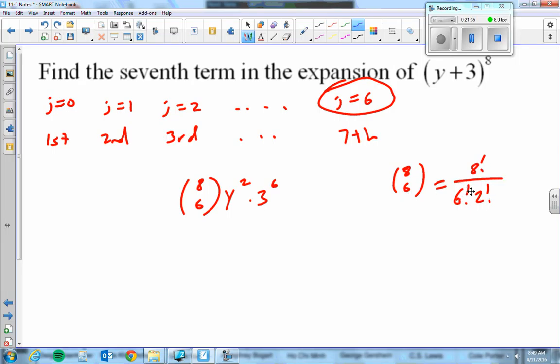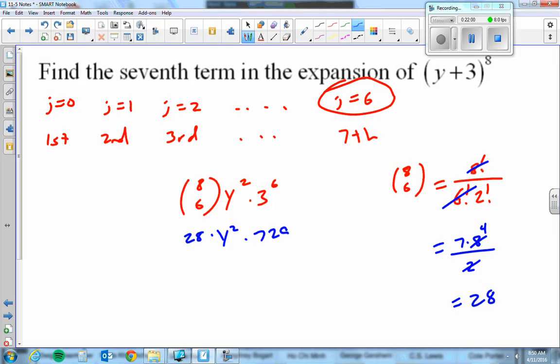All right, cancel first. Cancel the bigger one out of there. What factors are left when we cancel? 7 and 8. And then 2 factorial is really just 1 times 2, so I'm just going to put 2 there. I'm pretty sure that's a 4, and turns out you looked it up correctly. It is 28.